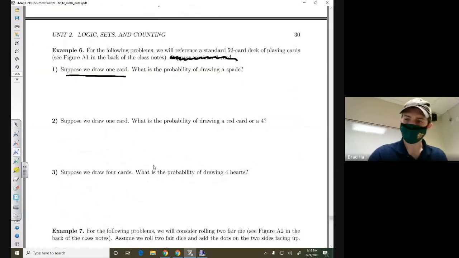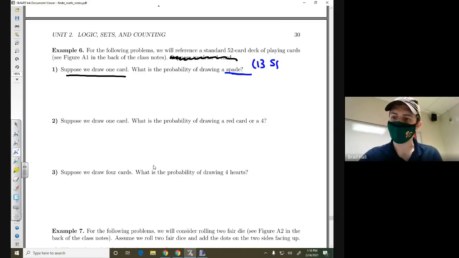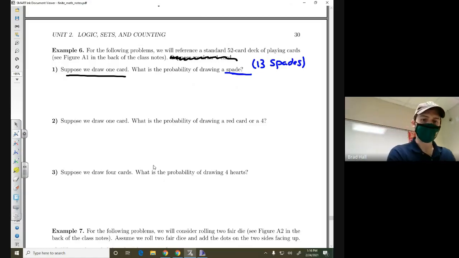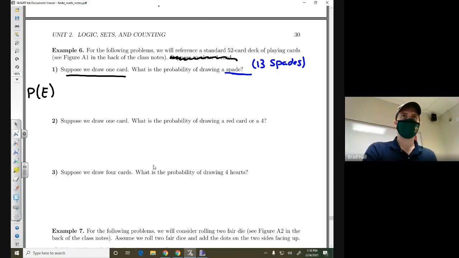So off to the side, I'll just say 13 spades, just to remind us. So this is a probability problem, which instantly means that I'm looking for the probability of some event. And notice since they didn't give us a symbol like in the previous problem, I just default to using E, which means we need to figure out the number of elements in that event divided by the number of total outcomes.